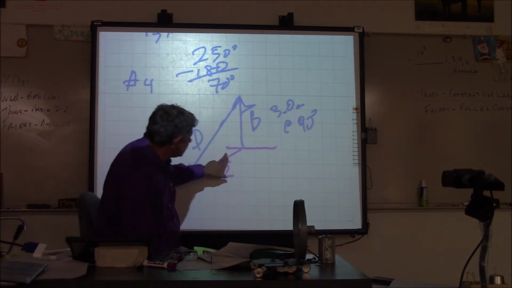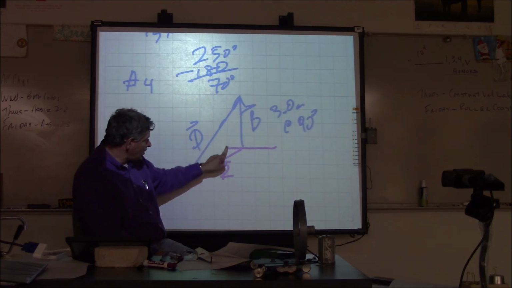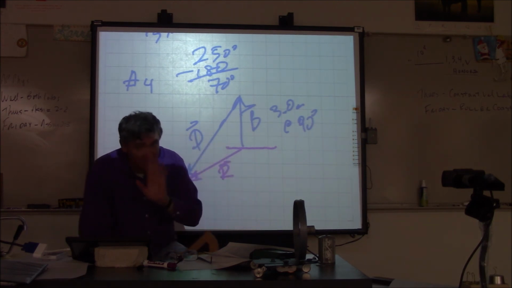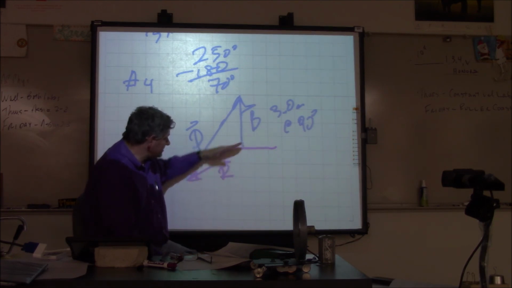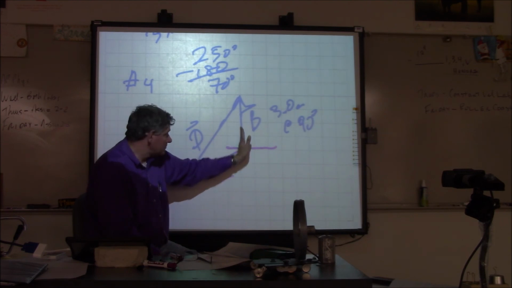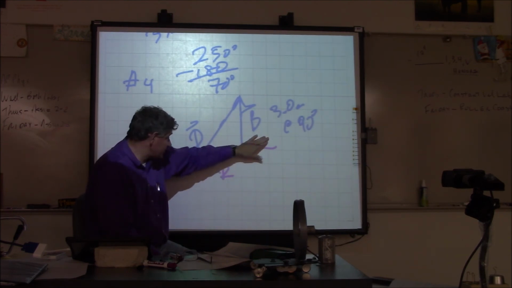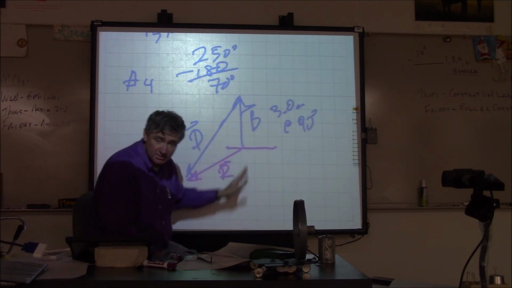When I measure this angle, it has to be from here all the way around to here. This is just a very, very crude sketch, but it tells me that that angle has to be more than 180 but less than 270. So it's going to be somewhere in this third quadrant, between 180 and 270.